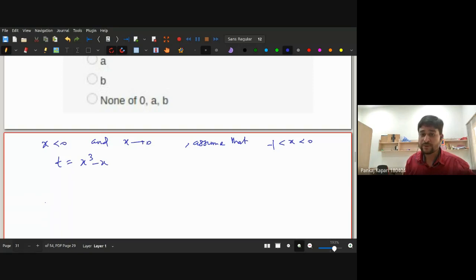So if x lies between 0 and minus 1, what happens with the cube of x? This will be greater than x, right? And also less than 0. So this implies that x cube minus x is positive.